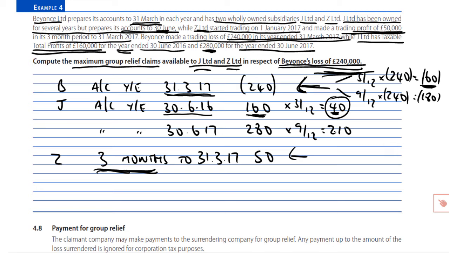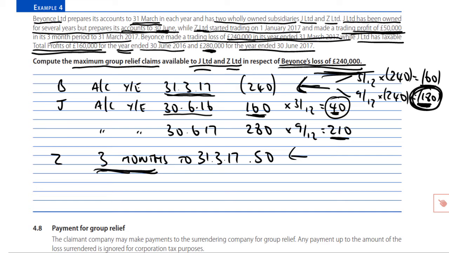For the remaining 9 months of the loss-making period, we have got £180,000 worth of loss to go against £210,000 worth of profit. So the maximum group relief there, £180,000.